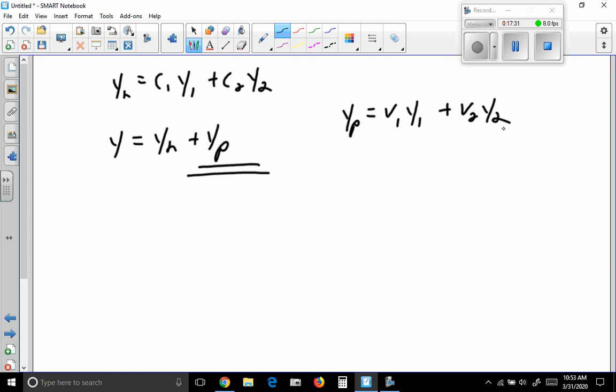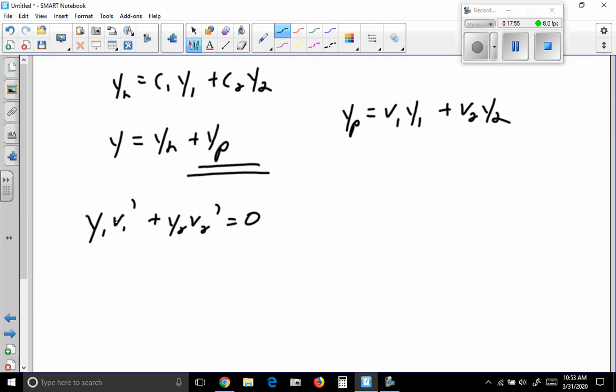Once we took our derivatives of that, plugged in, and so forth, we said that y1 v1 prime plus y2 v2 prime, remember, we set that equal to 0 so that when we took our second derivative, we wouldn't have a second derivative of v.